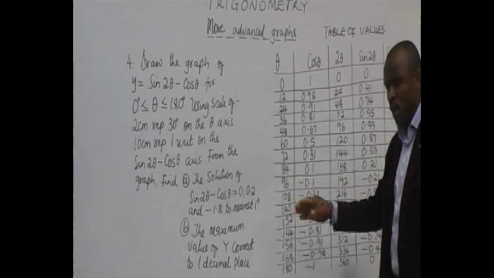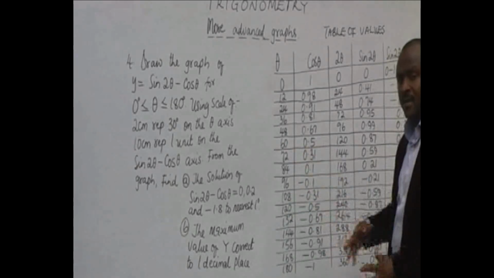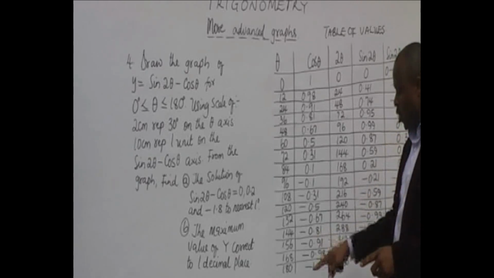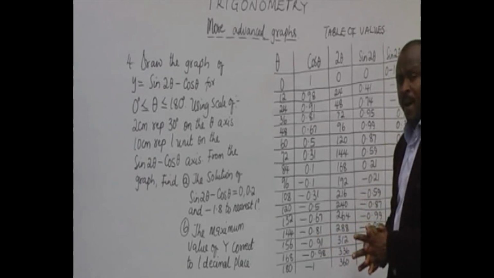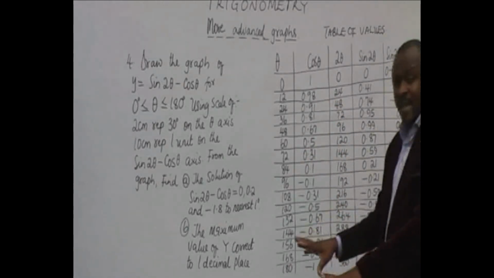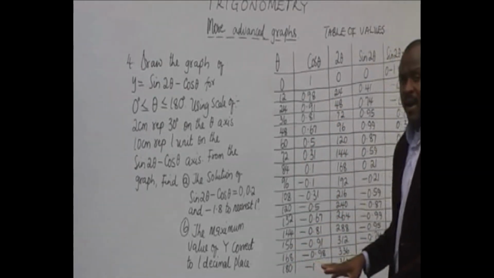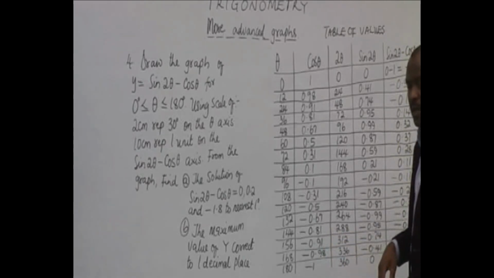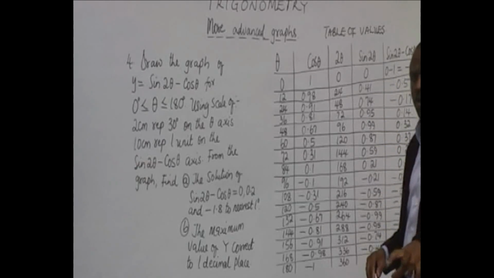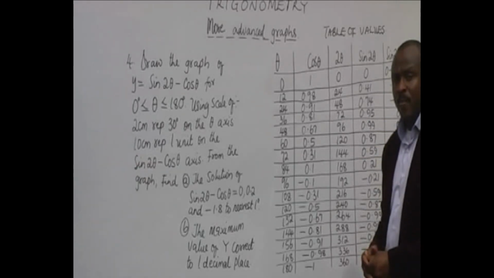Theta will be on the horizontal axis, which is the x-axis. So the next thing we do now is we go down to our graph paper, copy down this table of values on the exercise book side of our graph paper, and begin to plot these points after calibrating the graph portion of our graph paper. So that is the next thing we are going to do now.